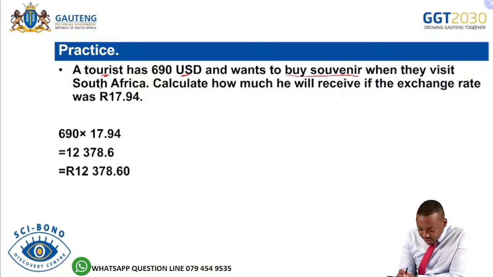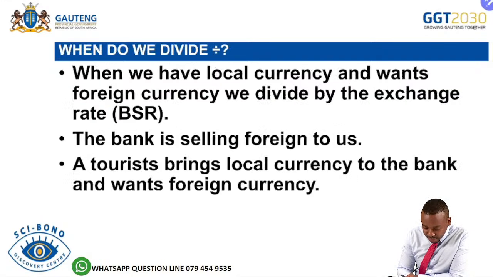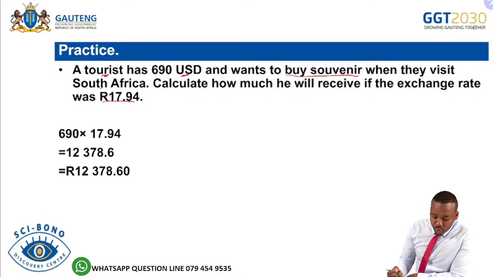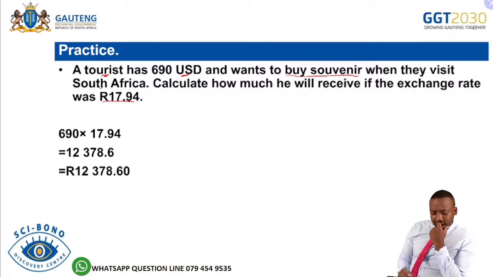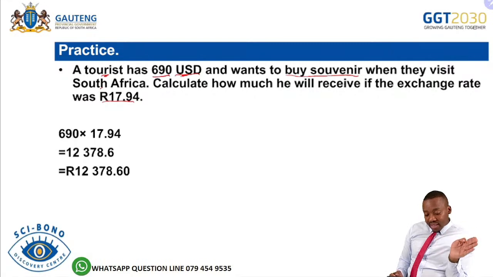Calculate how much he will receive if the exchange rate was 17.49. So what do we do there? Let's check. We have a tourist. How much does this person have? 690. Which currency? US dollars. So we are actually converting $690 to South African rand.